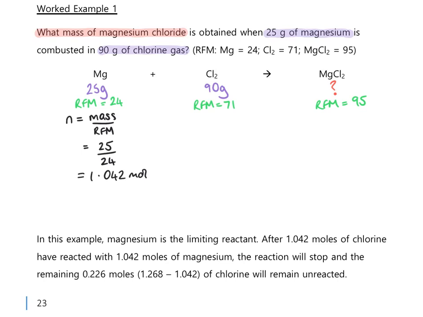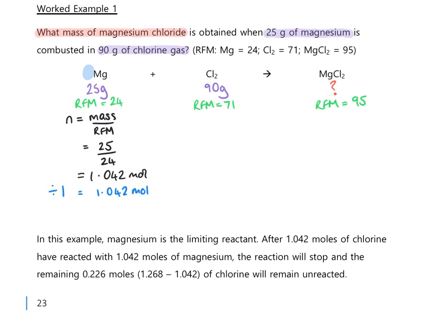What we are told in step number 3 is to divide through by our balancing number. In front of our Mg, I have no balancing number. Essentially, the balancing number is 1. I'm sure you know that when you divide by 1, you just get the same number, but I'd like you to write this in anyway so that it's there as a step, because this is going to be really important in future examples.